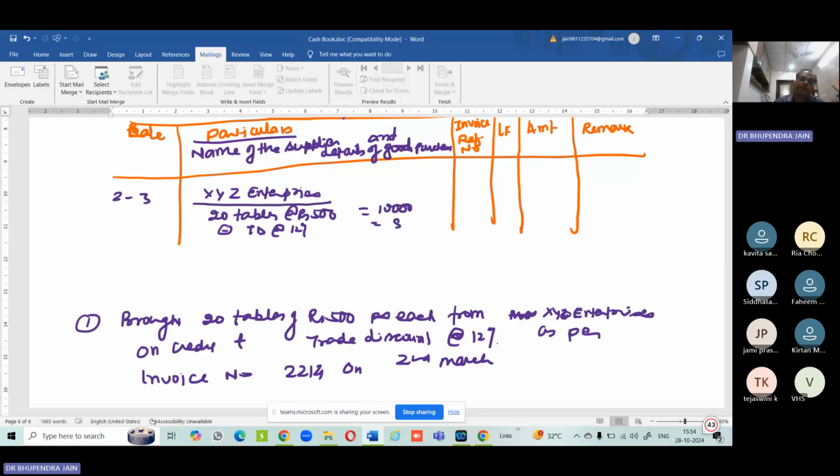So after 12%, now the value is 8,800. In the invoice reference number, we write down here invoice number 2214. In the amount column, 8,800. If you want to write down some remark regarding such a transaction, then you can write down. Otherwise, it is not necessary to write down any remark.